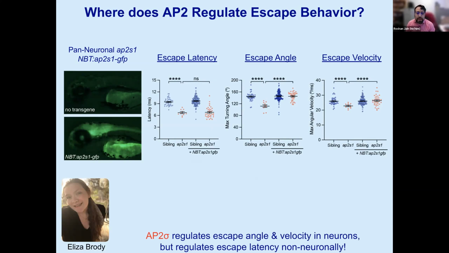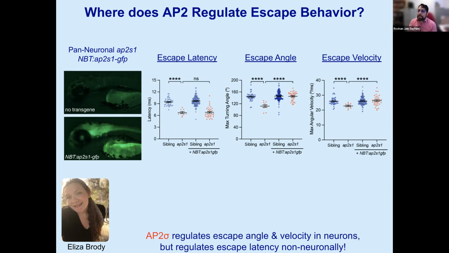So unexpectedly, we found that this complex seems to be regulating different kinematic parameters independently, and this is just focused on the fast escape behavior here. So it seems to be doing that both through neuronal and non-neuronal levels.